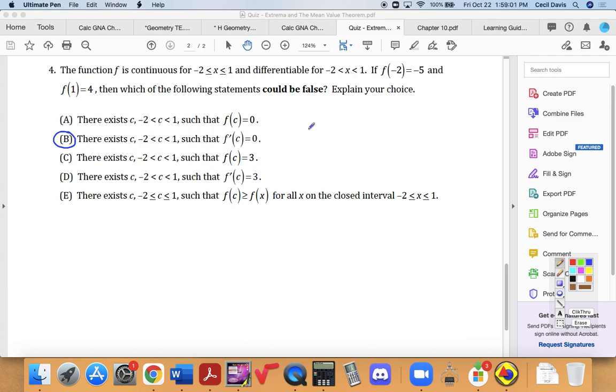Which of the following could be false? There are a couple of ways you can explain it.